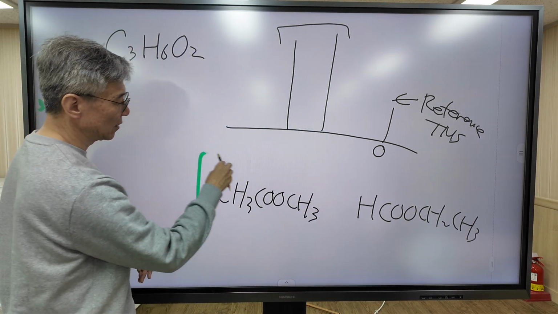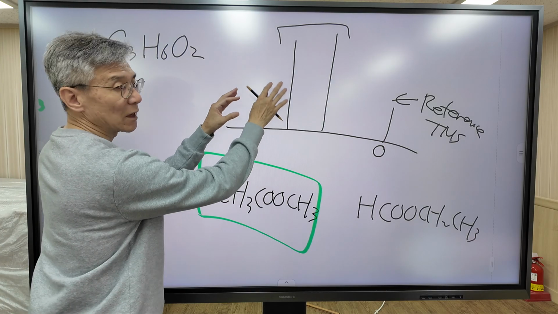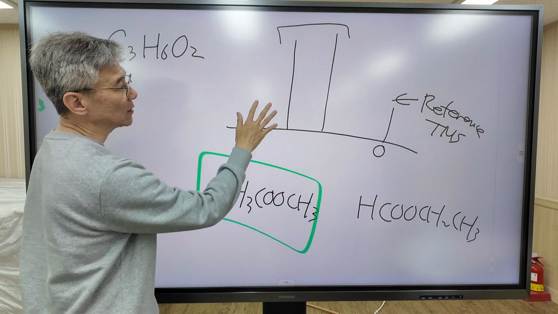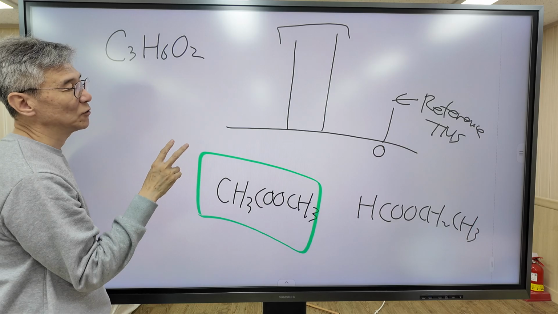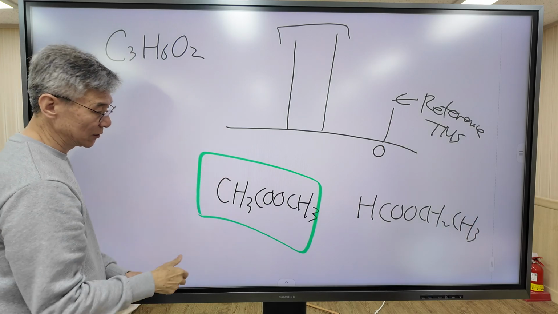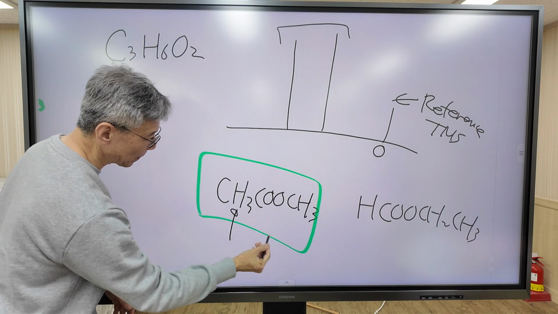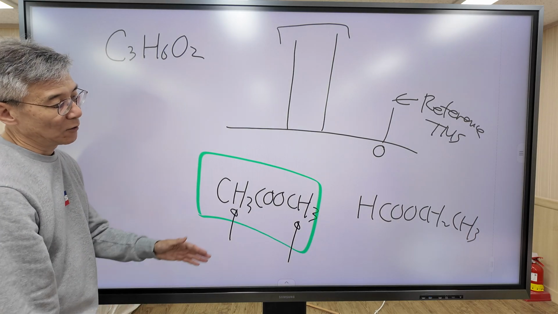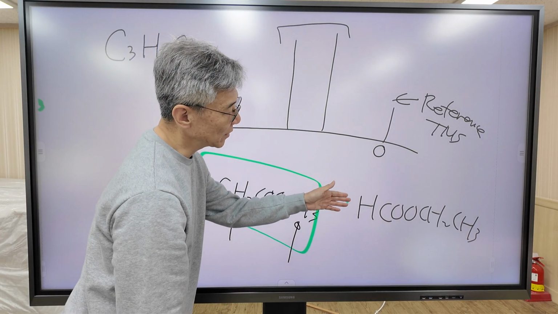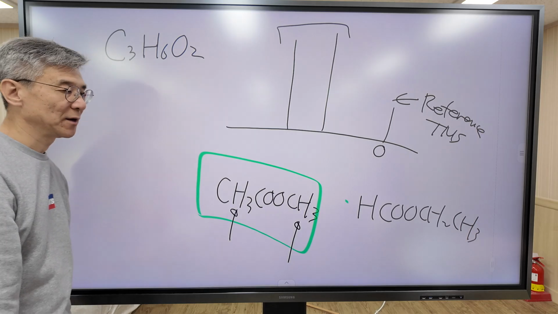This compound agrees with this NMR spectrum. According to this NMR spectrum, two types of proton exist, so this proton generates two peaks. How many peaks appear from this molecule?